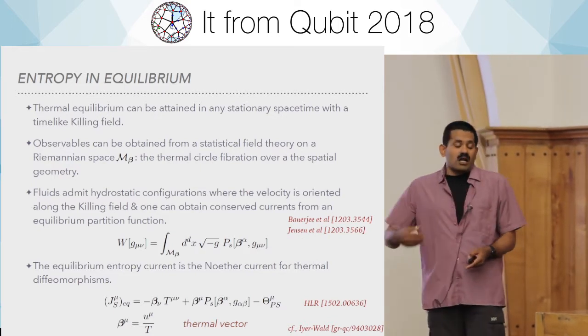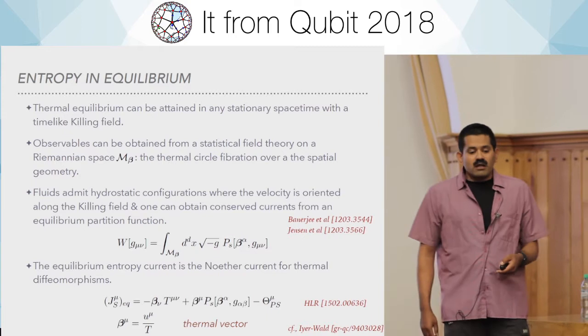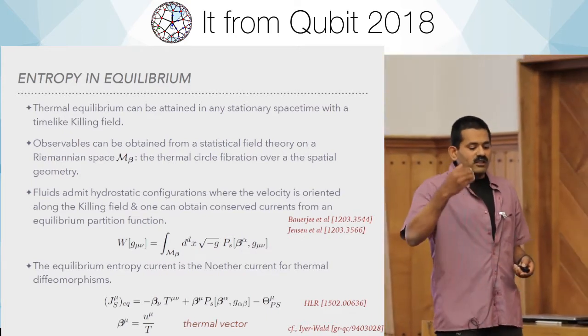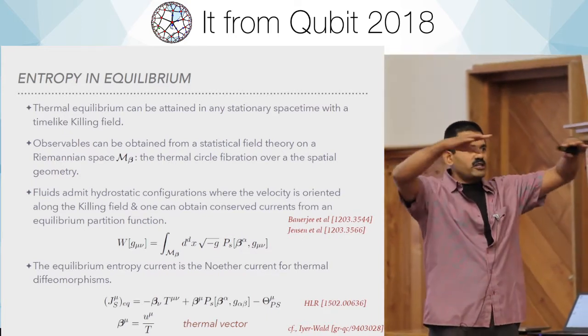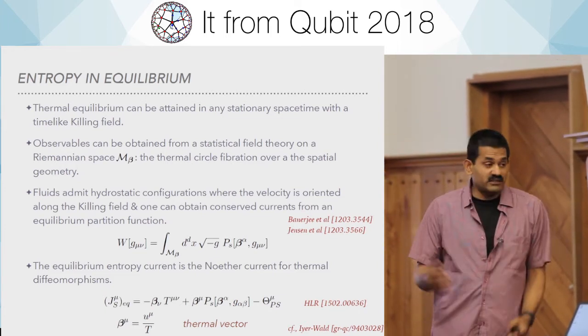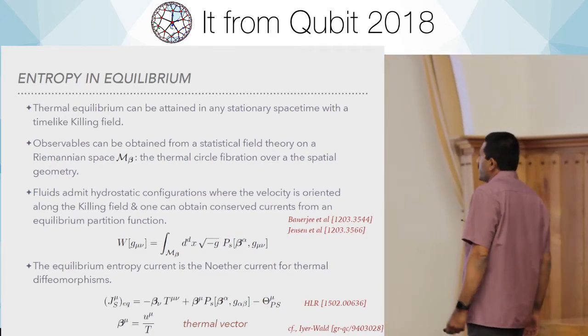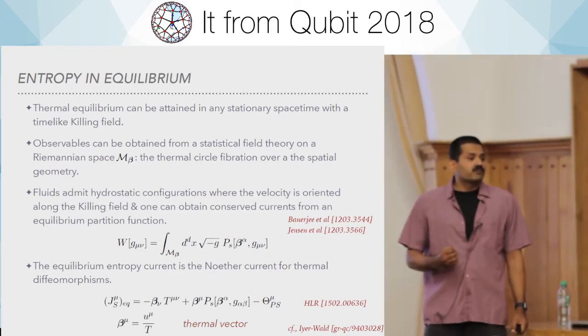And another corollary that goes back a few years to these people is that it's very easy, at least in a long wavelength limit, when the spatial geometry and the thermal fibration are varying slowly enough on spatial scales, there's no temporal variations, it's equilibrium, they can be obtained from an equilibrium partition function.